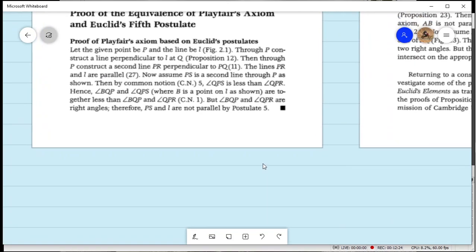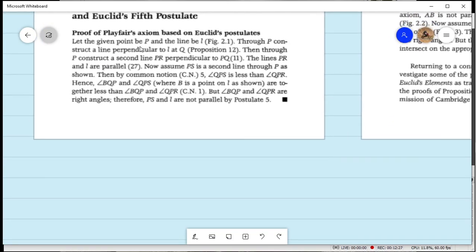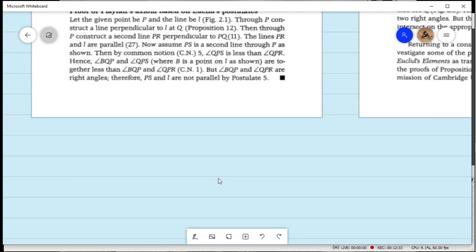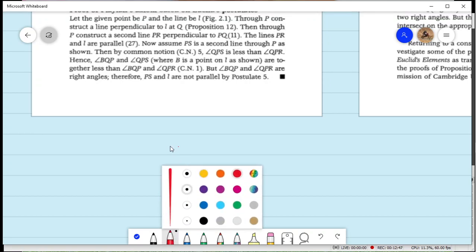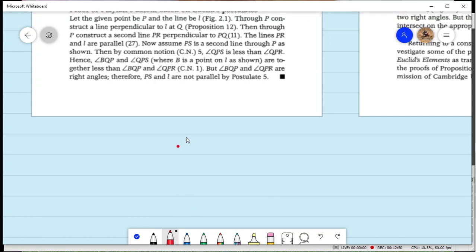Let the given point be P and the line be L. Okay, so you have here a point P and a line L. Through P, construct a line perpendicular to L at point Q.